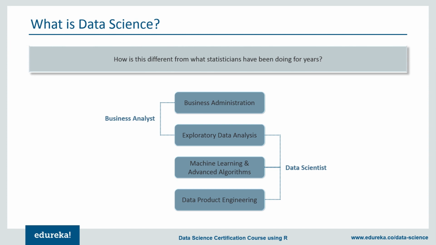So the answer lies in the difference between explaining and predicting. As you can see from the image in front of you, a data analyst usually explains what is going on by processing history of the data. On the other hand, a data scientist not only does the exploratory analysis to discover insights from it, but also uses various advanced machine learning algorithms to identify the occurrence of a particular event in the future.